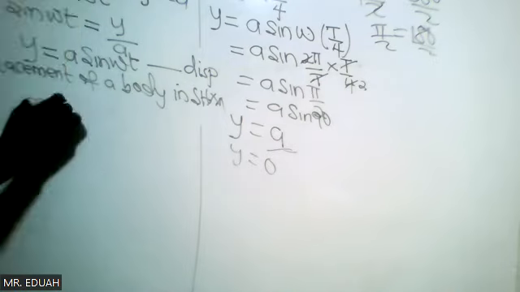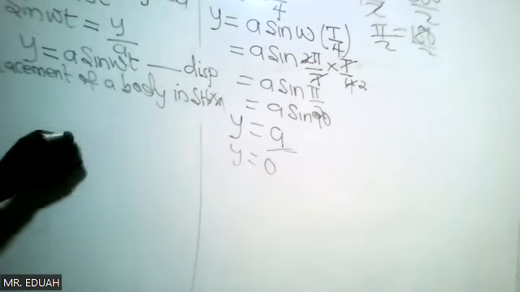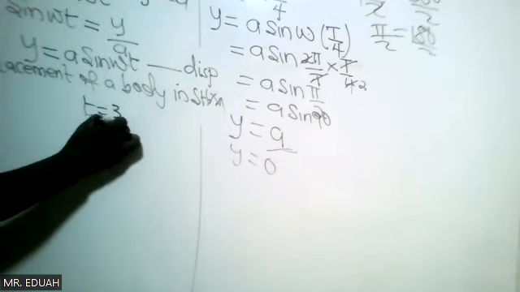So we have moved from here to this point to this point. Over here, the time is t equal to 3/4 of the period.